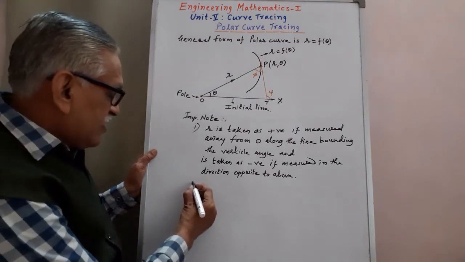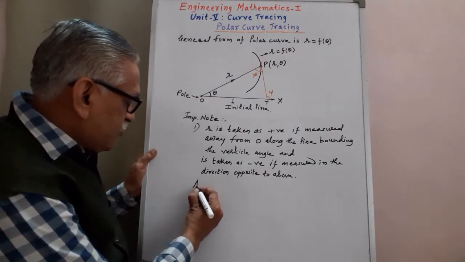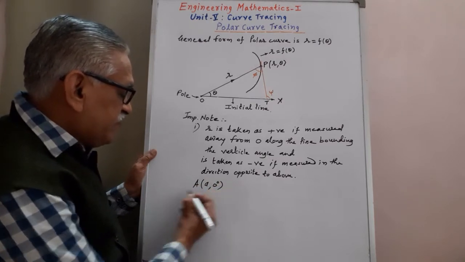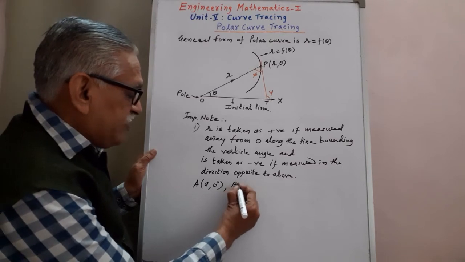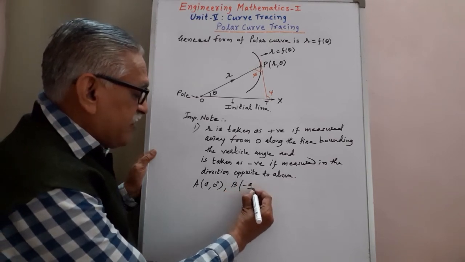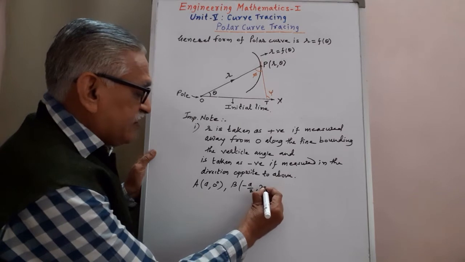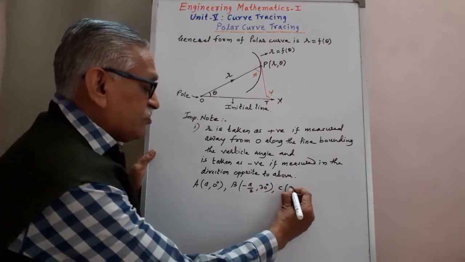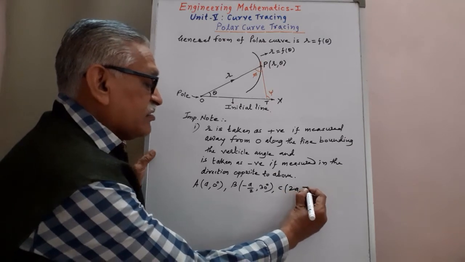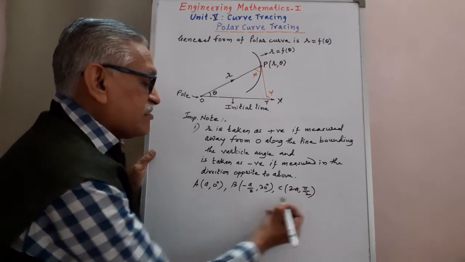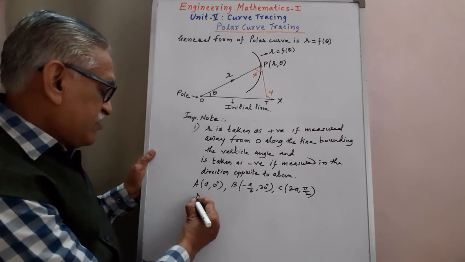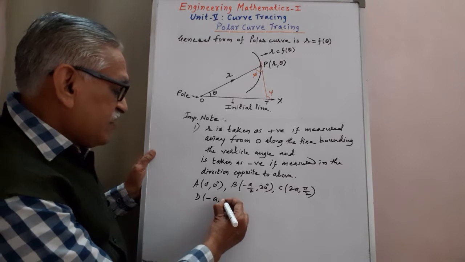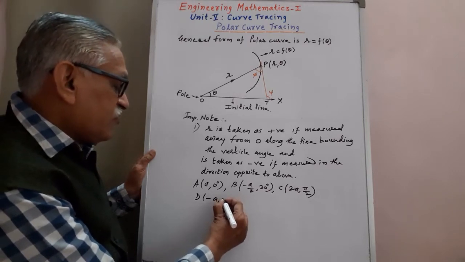For example, consider some points: point A with the coordinates a, 0 degree; point B, minus a by 2, 30 degree; point C, 2a, 90 degree; and point D, minus a, 135 degree.